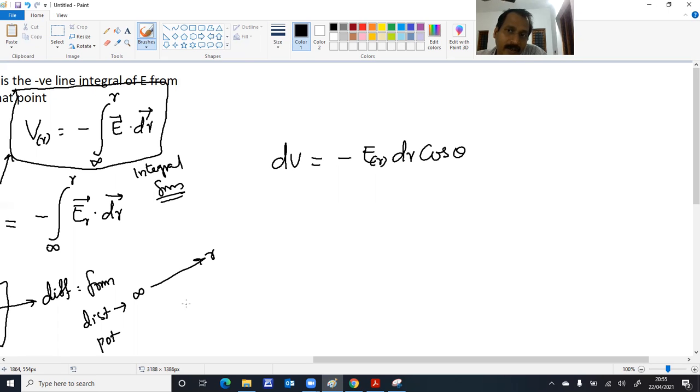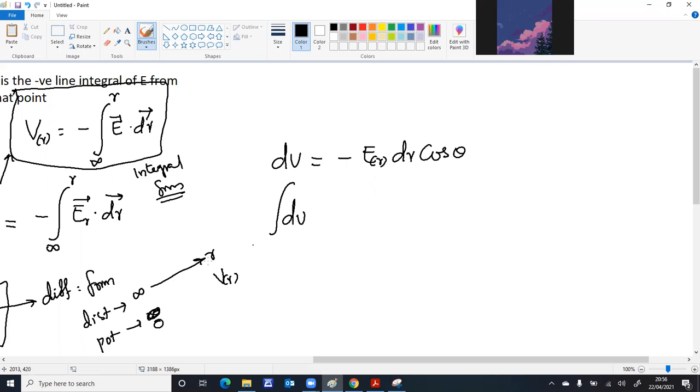No work is done. If a charge is at infinity, the charge is not under the influence of any other source charges. The potential is zero at infinity. When you come to r, there will be a potential finite, right? Yes, sir. So if I integrate dV, the limit should be what? 0 and the final potential. Yeah. Or I can have r1 and r2, r initial and r final. I'll take up that after this, okay? Okay, sir.